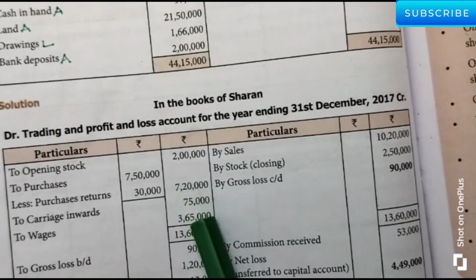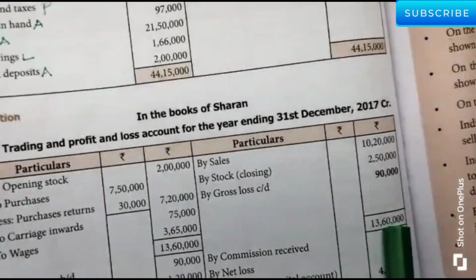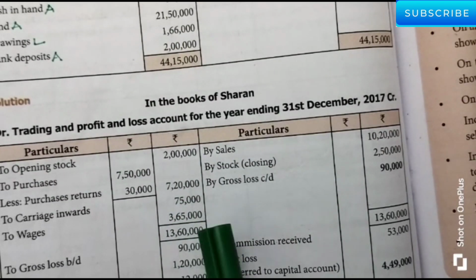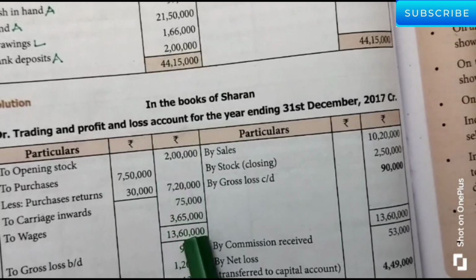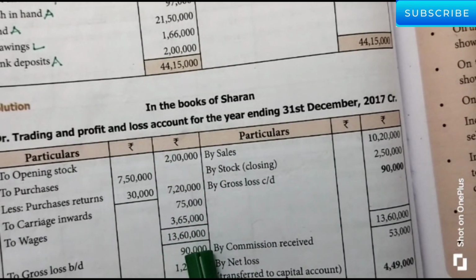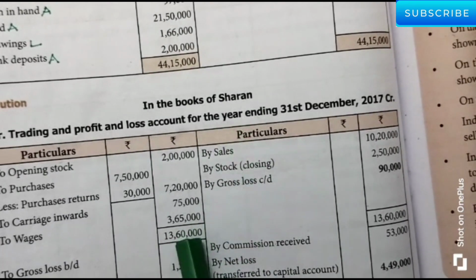Which side has the higher value? Debit side has the higher value than credit. Okay, so we have to consider that higher value as the total. So after adding all the amounts on the debit side, we will get 13,60,000. This is the higher value on the trading account.